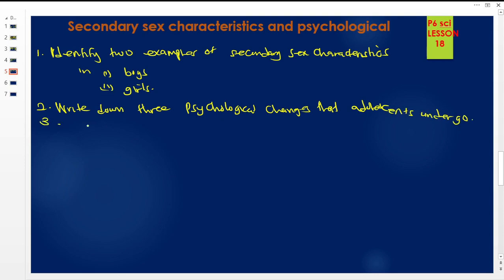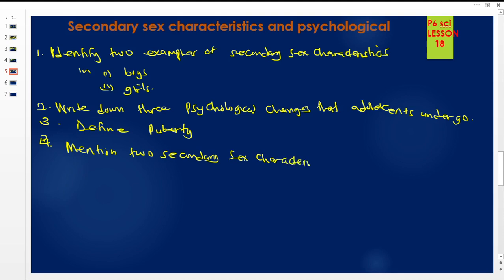Number 3 here, define puberty. Number 4, mention 2 secondary sex characteristics common in both girls and boys.